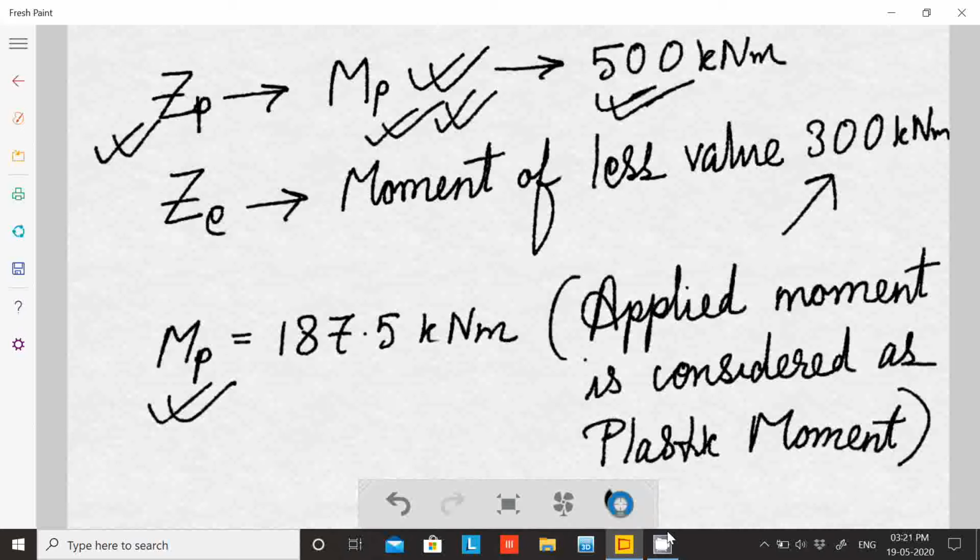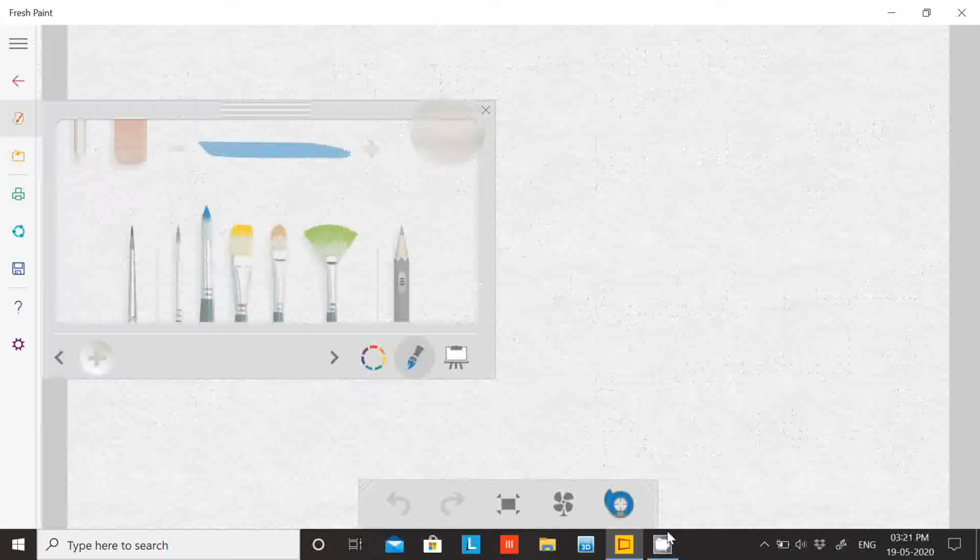So we always consider till the plastic point. We don't restrict ourselves to a lesser value. All right, so now let us do the classification of the section.